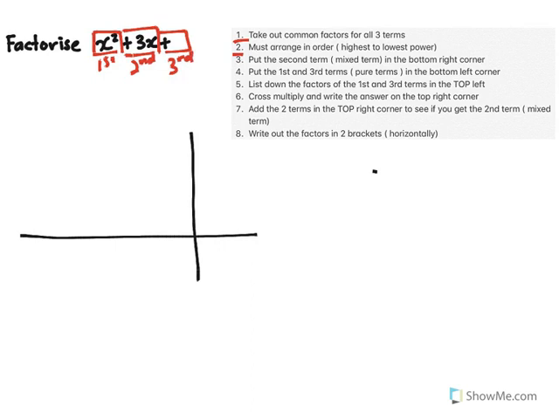Your second term would have to go to the bottom right hand corner of the box. So your positive 3x goes over here. Next, your first and your third term will be at your bottom left hand corner. So you got your x squared plus 2.